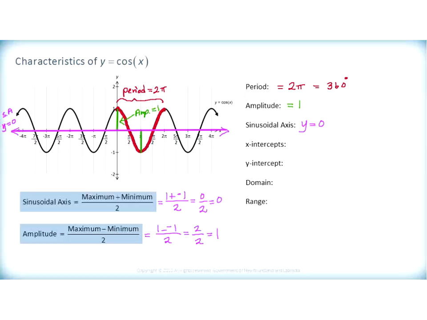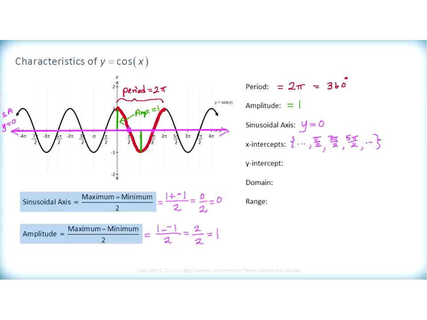Looking at the x-intercepts for this graph, note that there are some x-intercepts before; the first positive one is at pi over 2. The next positive one is at 3 pi over 2. The next one is at 5 pi over 2, and the pattern continues.